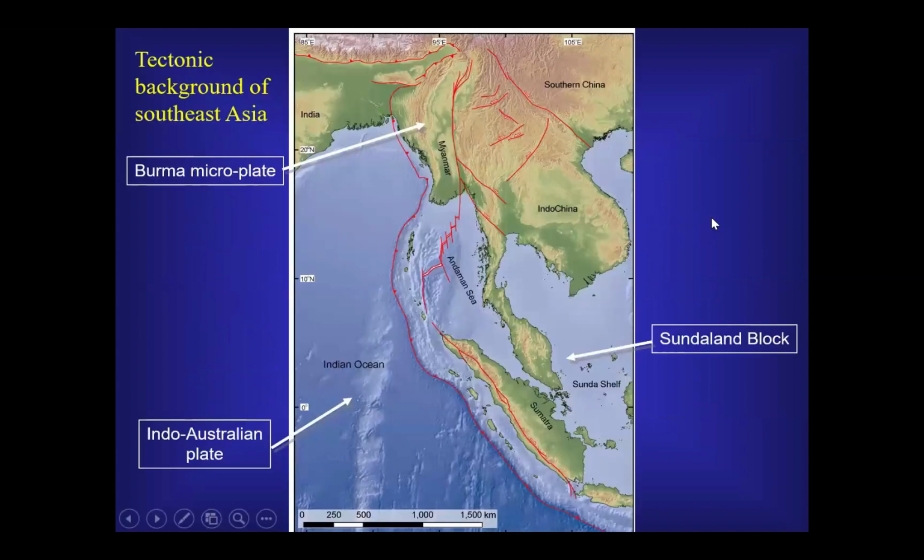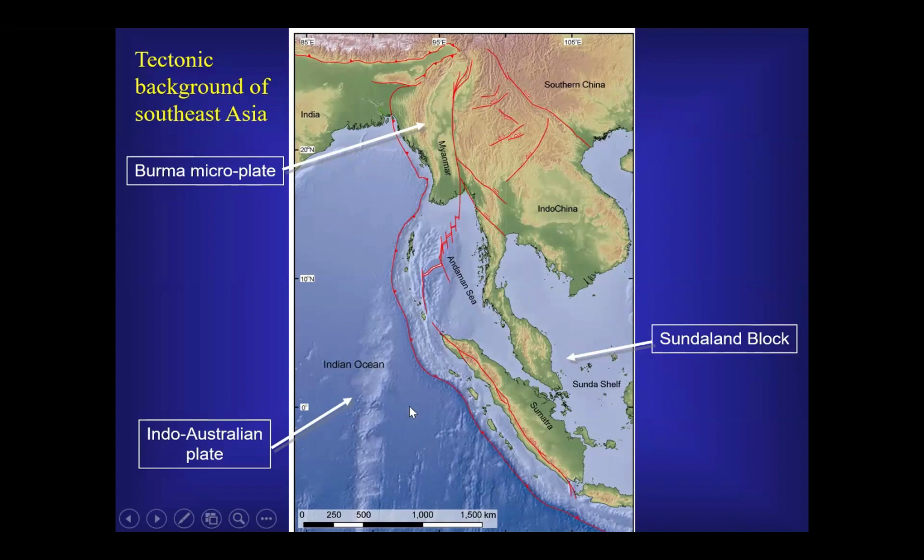Okay, so let's begin. First, let's take a look at the tectonic background of Southeast Asia, which I think many of you are quite familiar with. Here we have the Sunda block, which a lot of people consider part of the Eurasian plate.